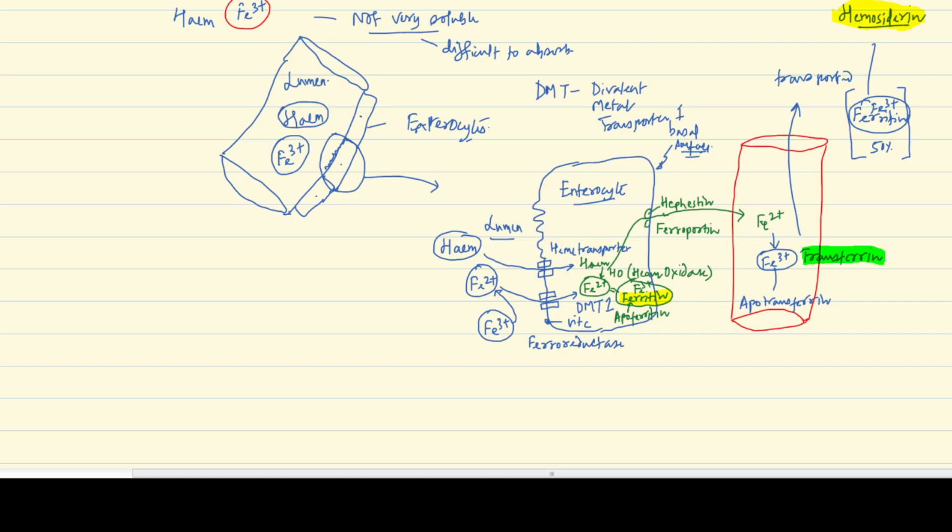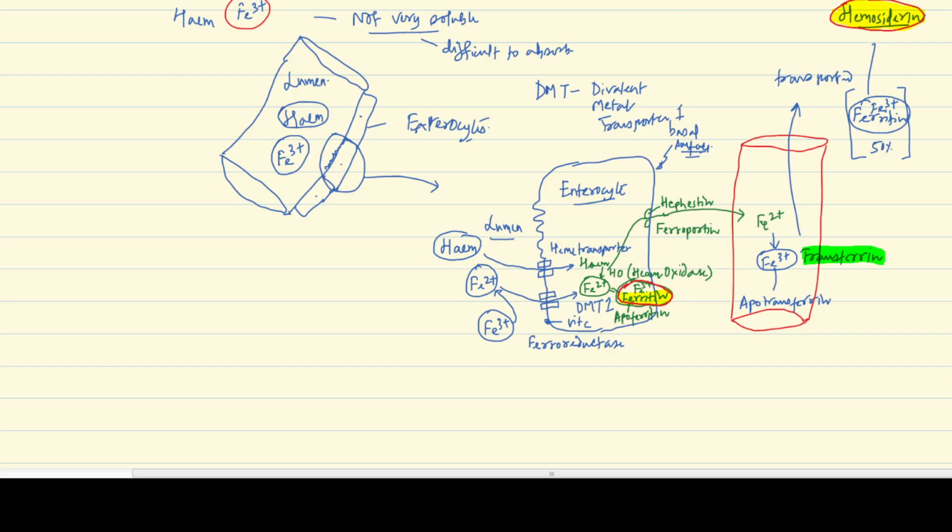They will die, or they'll be removed into the lumen. Now we have already discussed that iron is stored as a complex of iron and ferritin, and in some cells it is stored as hemosiderin, right?